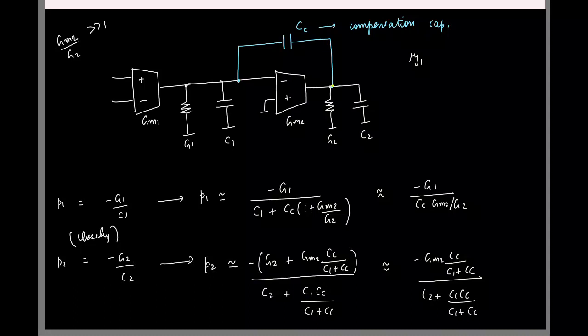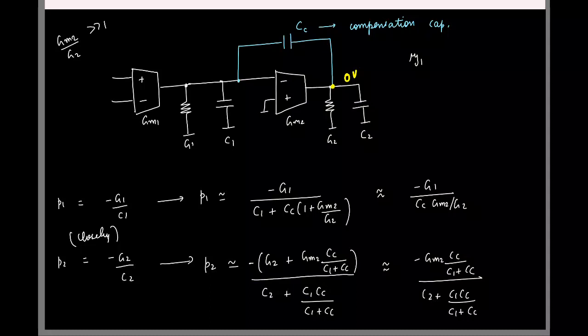I'll assume the output to be 0. Then I'll apply KCL at one of the nodes. Let's say at the output node. What is the current here? 0. What is the current through C2? That's also 0. What is the current through the capacitor Cc? If I call this voltage V1, it is V1 times s times Cc.